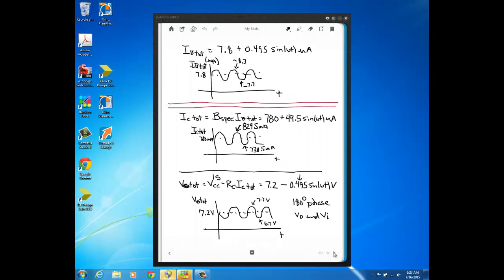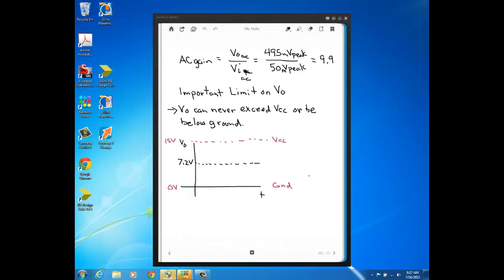So what this means is that if you were to increase your input sinusoidal amplitude, like say we were to double V in from 50 millivolts to 100 millivolts, V out will also double, because AC gain is a constant. There'll always be this factor of about 10 in this example between the V out amplitude and what V in is.